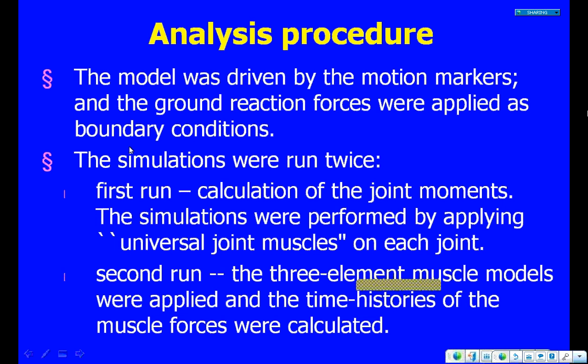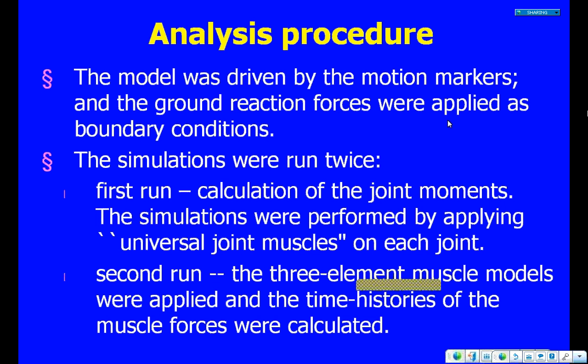So the model was driven by motion marks and the ground reaction force we applied as boundary conditions. And the simulation was run twice because we want to know both joint moments and the muscle force. So in the first run, we calculated the joint moments.